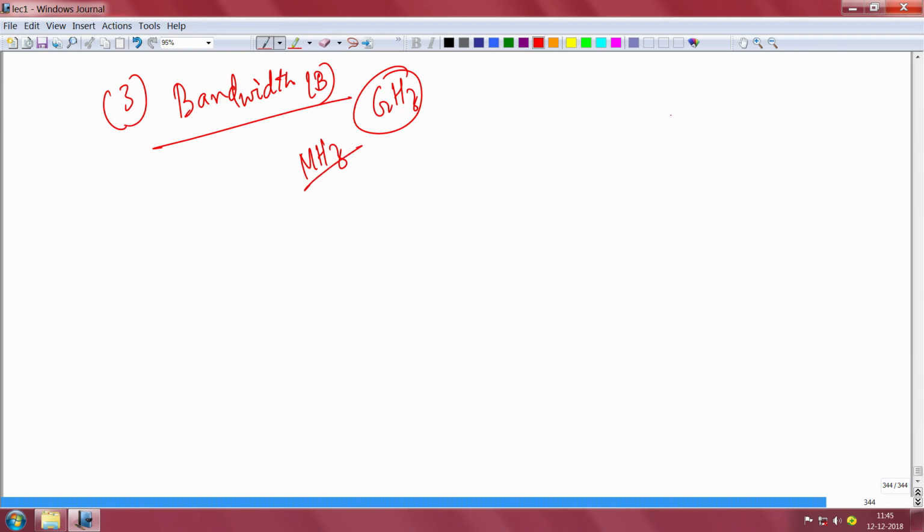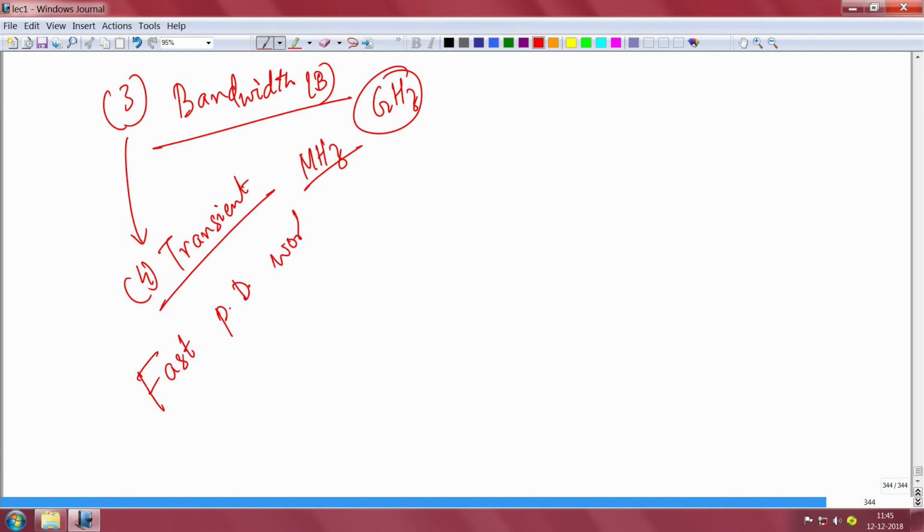Another related quantity is called transient response. Essentially both of them tell you how fast your photodetector works. So if you have a photodetector and you are putting in an input light signal, suppose this is the time axis, the input light signal is 0, suddenly you switch on the light, and you keep the light on for whatever time, then you switch off the light abruptly.